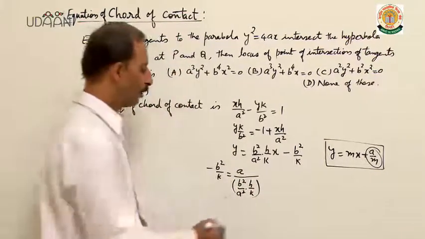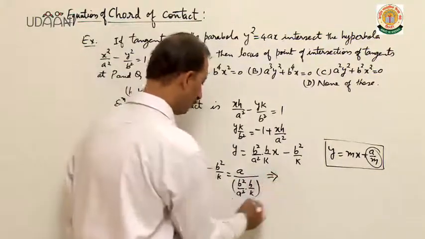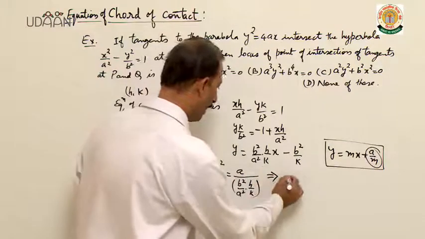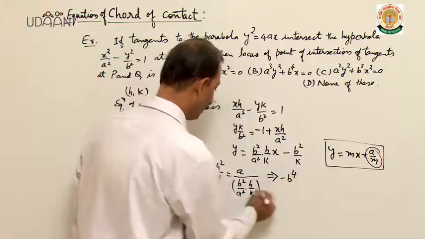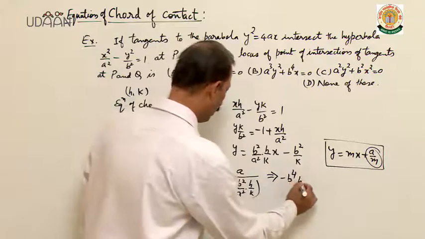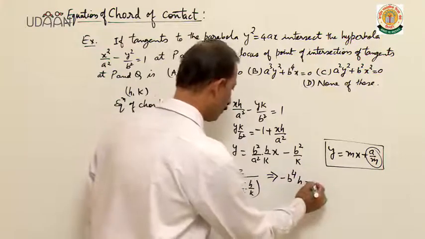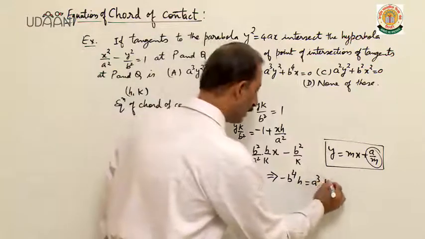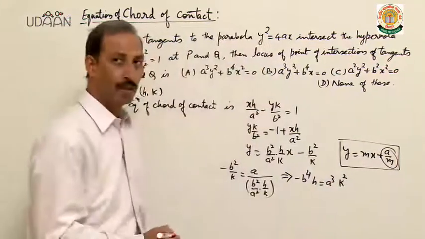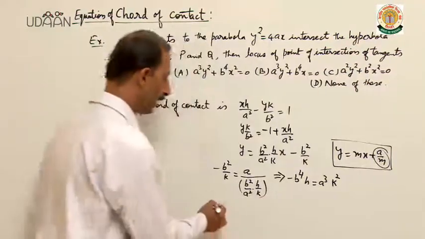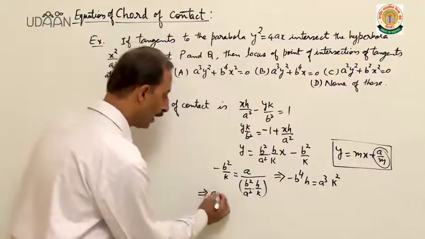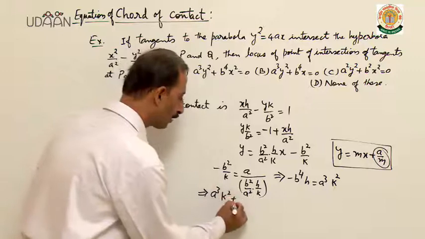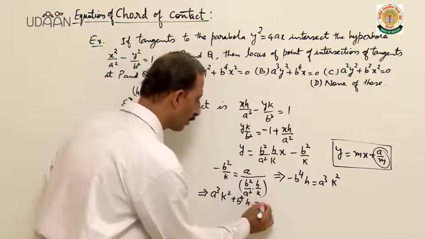Simplify this, you will get minus b raised to power 4 into h is equal to a cube multiplied by k square. Further simplify, you will get a cube k square plus b raised to power 4 h will be 0.